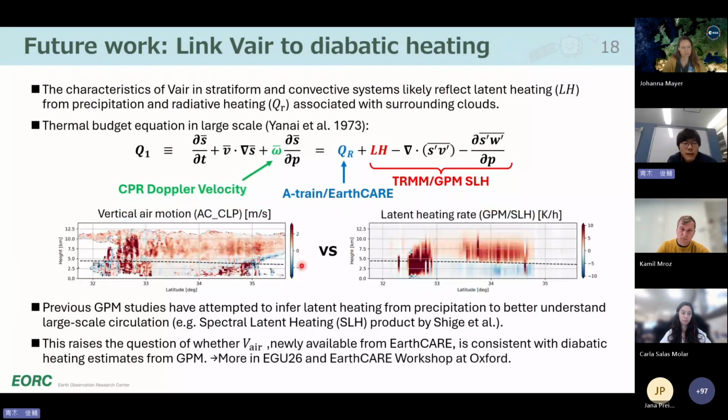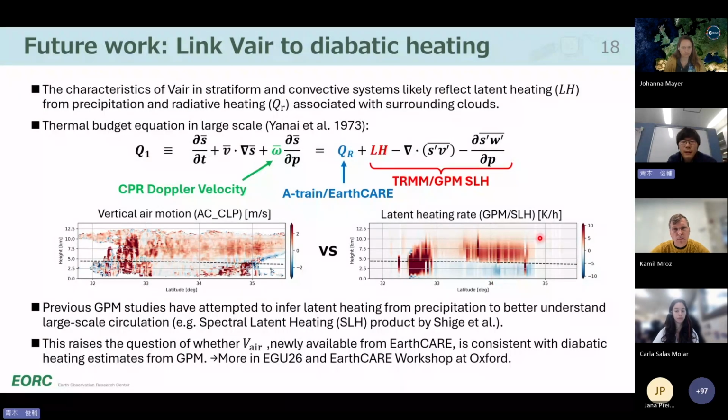This is one example of observation of a coincidence dataset. The left-hand side shows the vertical air motion retrieved by EarthCARE, and the right-hand side shows the latent heating rate from the GPM spectral latent heating algorithm, and it shows clear large heating in the convective case and associated vertical air motion.